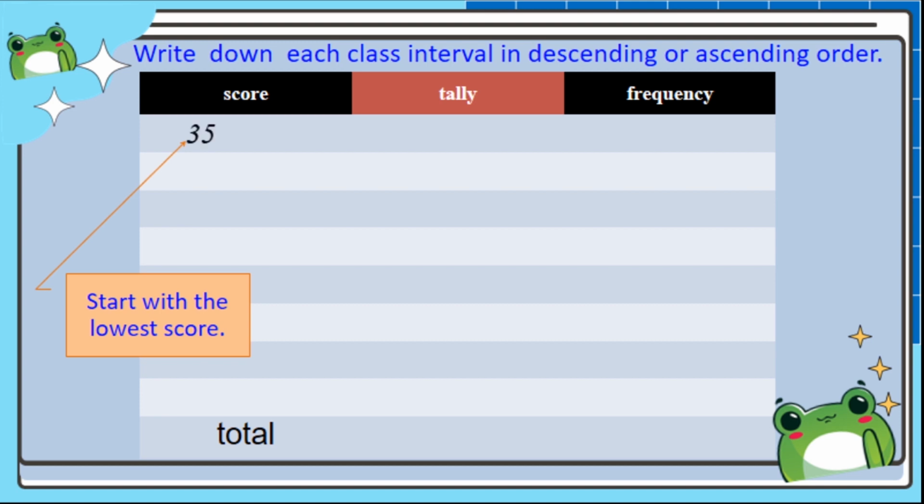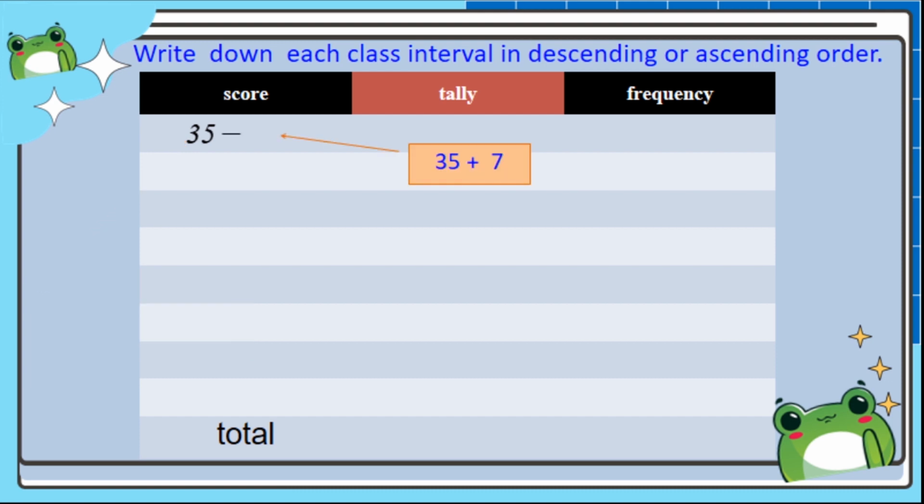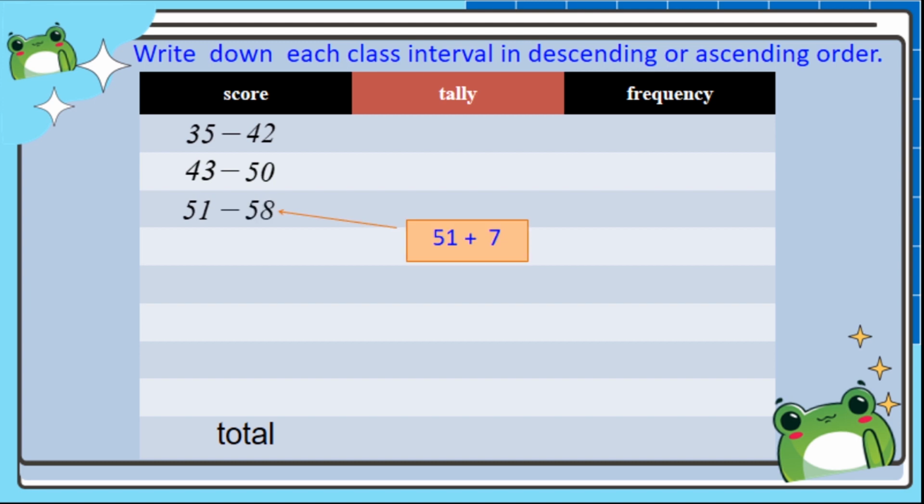Students will notice that the width of the class interval is 8, so we add 7, a number that is 1 less than the width of the class interval, so that is 42. And next, the second row starts with 43, add 7 equals 50. And next, 51 add 7 equals 58.